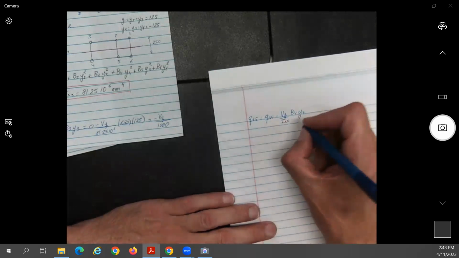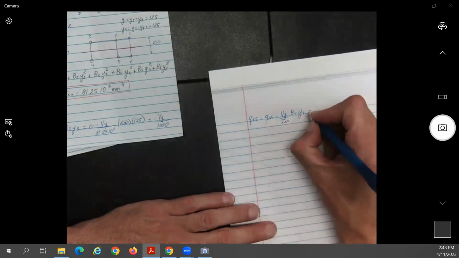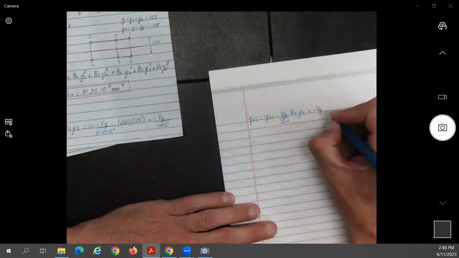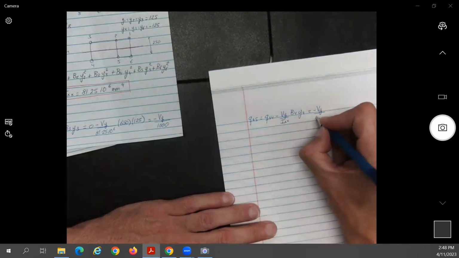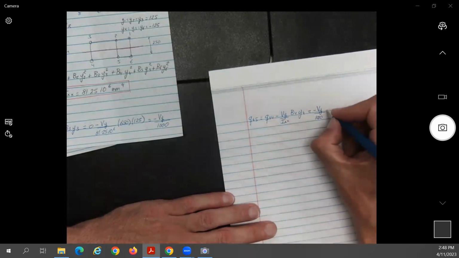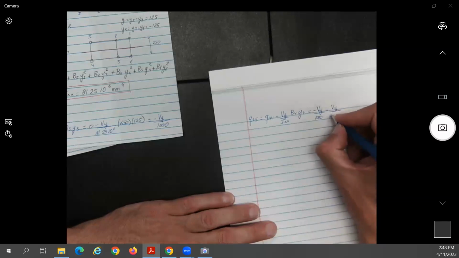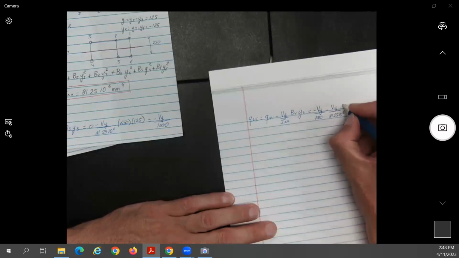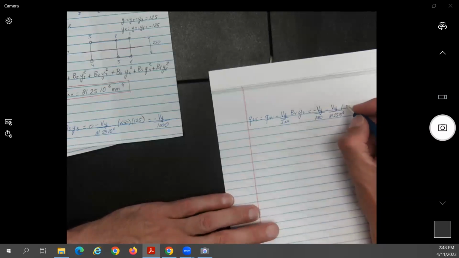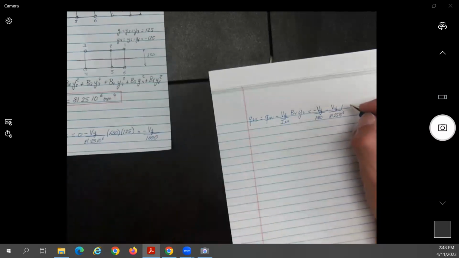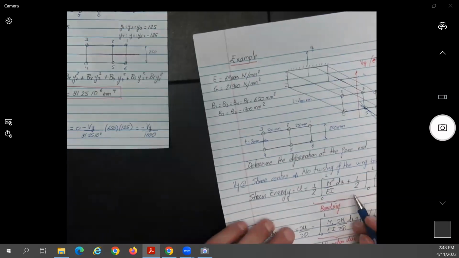So this is giving you minus Vy over 1000 minus Vy over 81.25 10 to the 6. Then B4 is what? Same as B3, which is the 650. Okay.